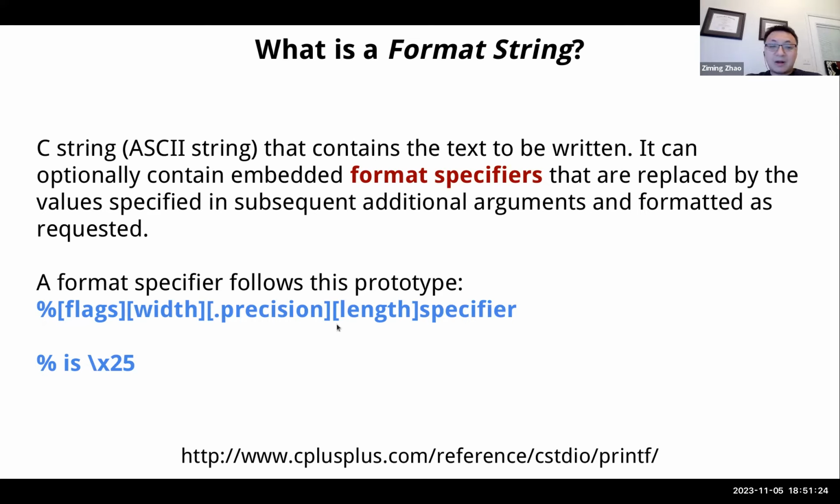Then it can have a length field. Then it must have a specifier. The specifier is not optional. You must have this part. And the percentage sign itself is just ASCII value 25 in hex. So if someone uses \x25, or 25 in hex, that is equivalent to a percentage sign.